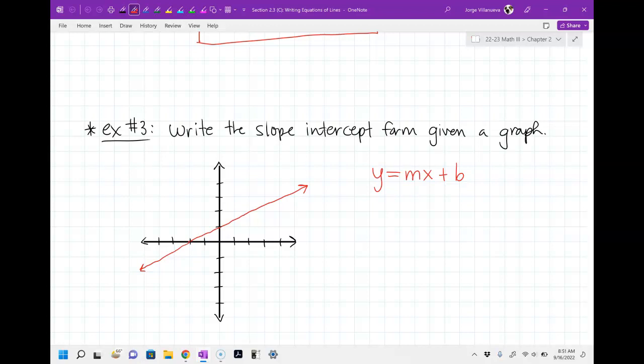The slope and the y-intercept, okay? So, can you tell me what my y-intercept is? That's usually the easier one. 1, right? Because it crosses right here, right? Right there. That's where it crosses, right at 1. Okay? So I know that b is equal to 1.